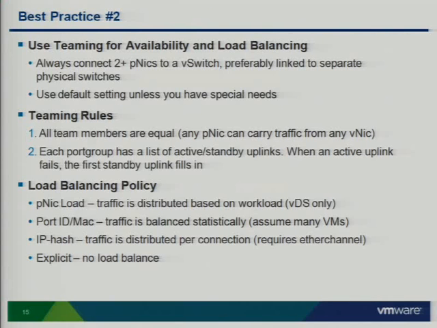The same VM can potentially use multiple physical adapters to send its traffic. And the last one is called explicit, which essentially has no load balancing whatsoever. It just picks the very first physical adapter that's available. If that one fails, it's going to use the next one, and so on. And there's very little reason that you should use the explicit choice.